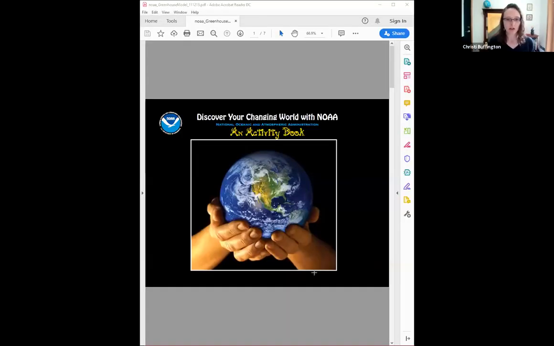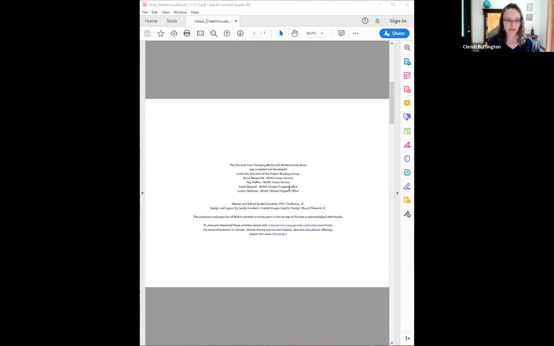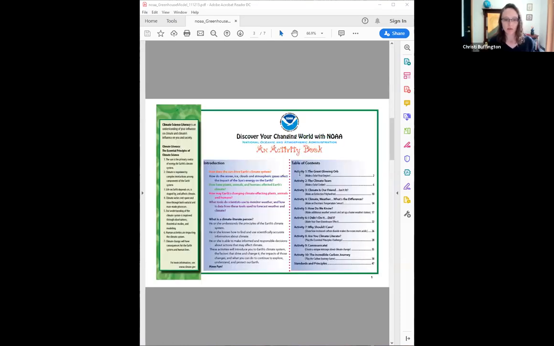And it is a lesson that's developed by NOAA. NOAA is the National Oceanic and Atmospheric Administration. And they've provided this activity book. Okay, so you can see this activity book and here is the table of contents.